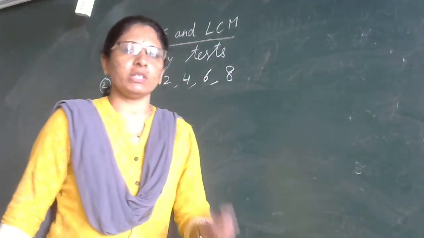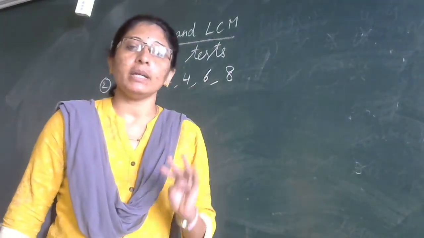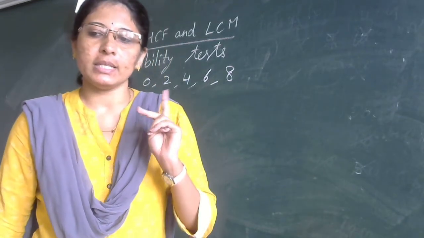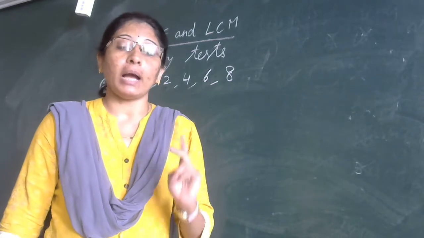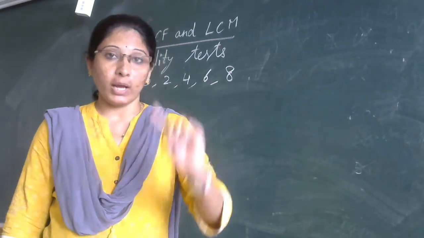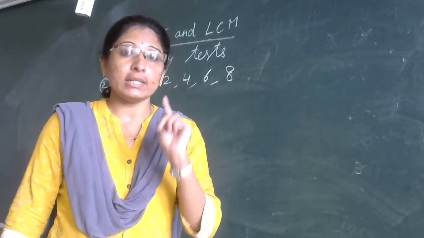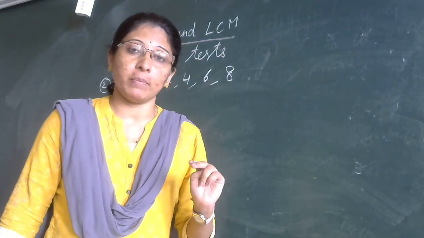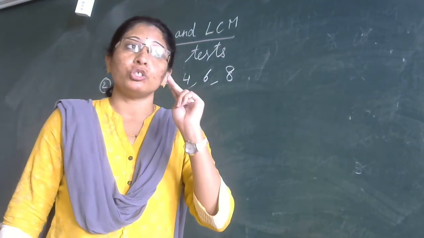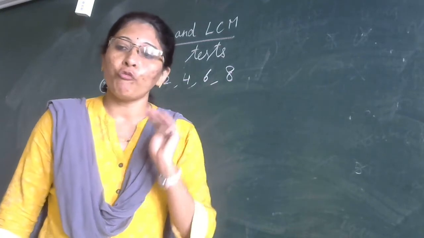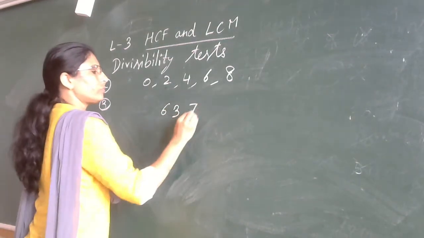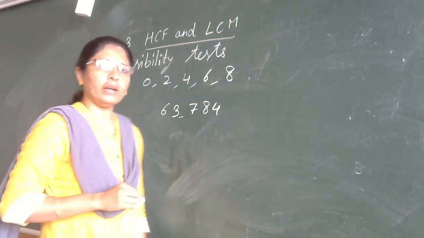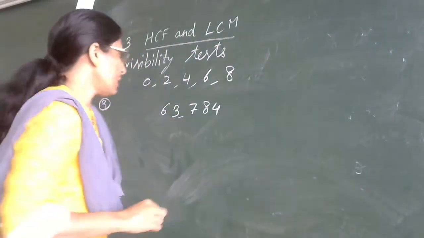Now next is divisibility by 4. A number is divisible by 4 if the number formed by the last two digits, means ones and tens place, whichever number is there, that should be divisible by 4. For example, now this is one number, 63,784.